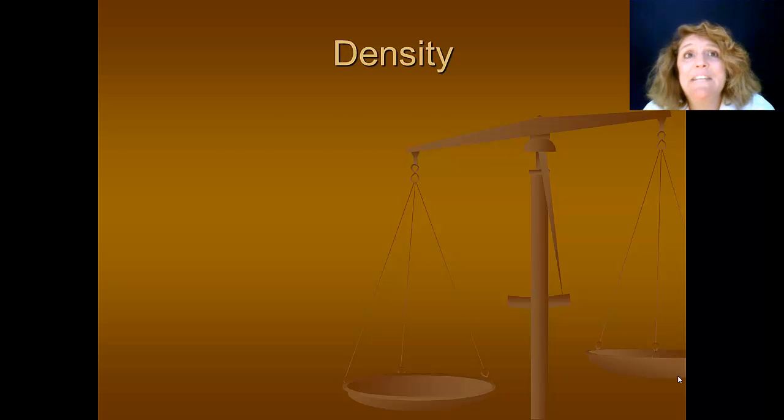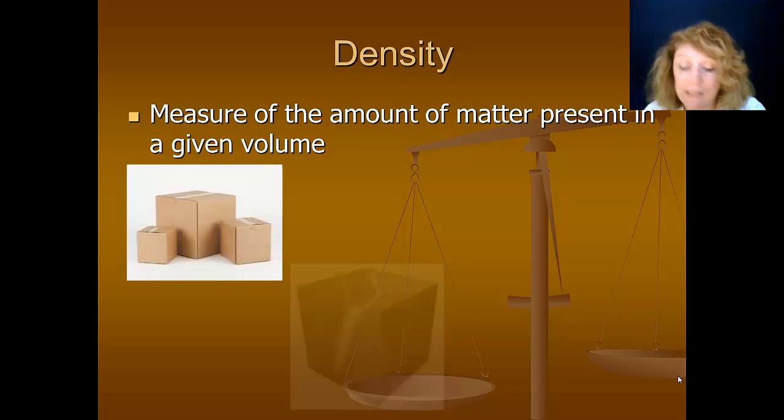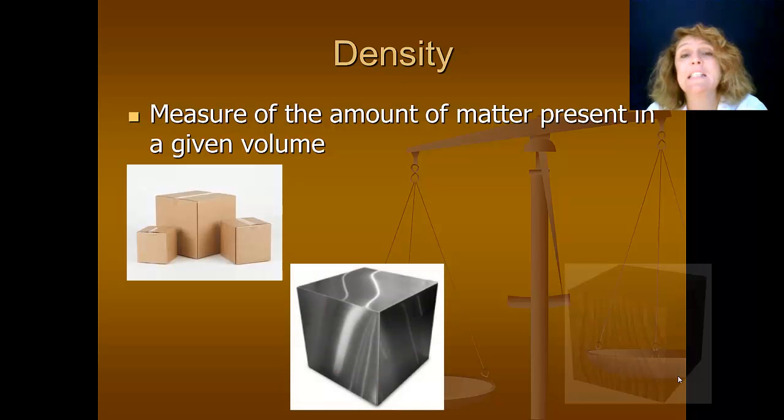The density of something is, now you just had a lab in this. This is measuring the amount of matter present in a given volume. So you have a volume of something, you have a certain size, and you have to measure how much stuff is in there. So you can have something that's 3 inches by 3 inches cubed, and if it's lightweight, then it's got a low density, and if it's really heavy, it's got a high density.